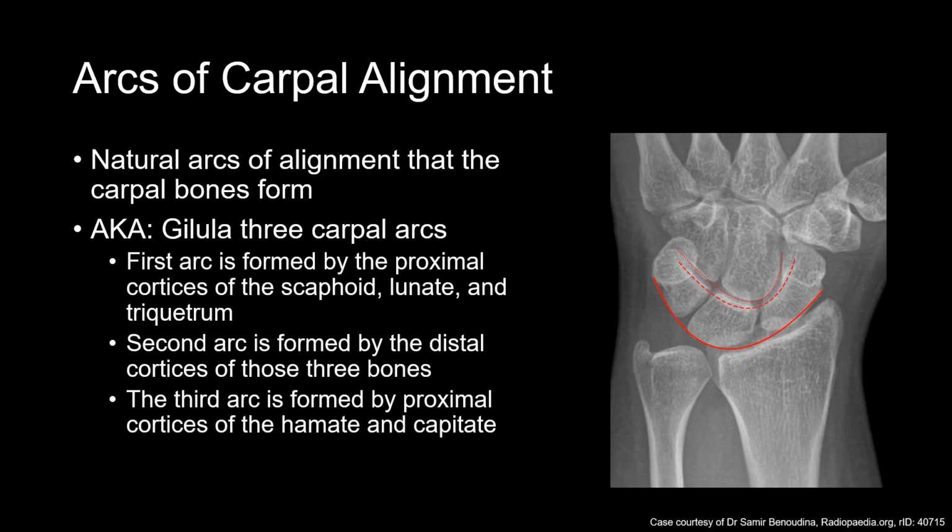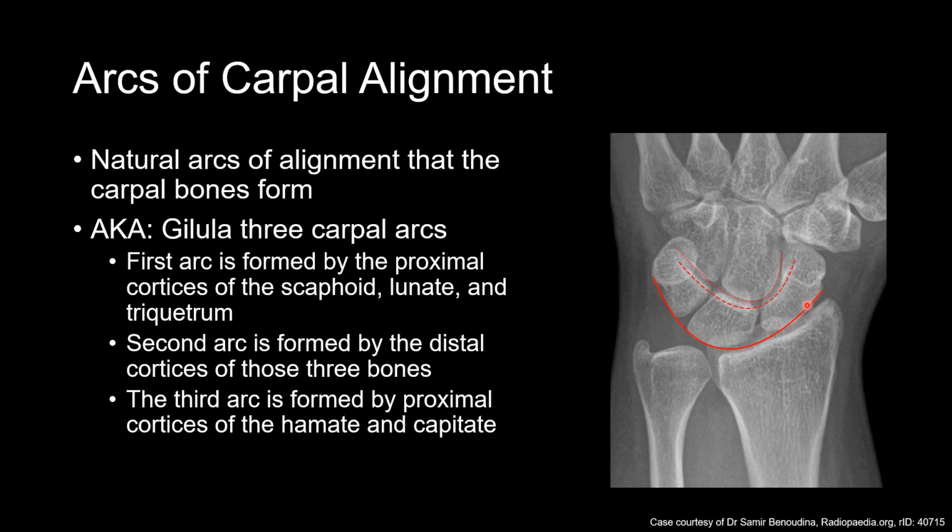Now with the wrist, lines of mensuration. Arcs of carpal alignment will be the first that we discuss, aka the Gilula's three carpal arcs. The first carpal arc is created by the proximal cortex of the proximal carpal row.